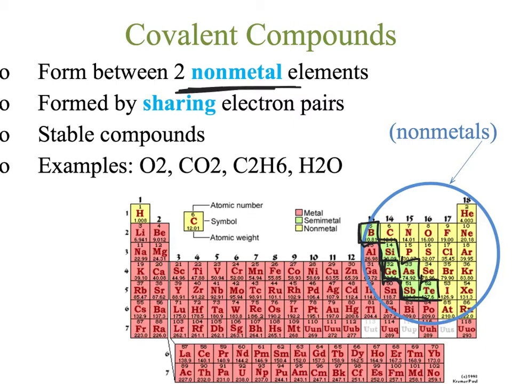And keep in mind that some of these elements along that stair-step line are what we call the semiconductors or semimetals, because they can exhibit properties of metals and nonmetals.